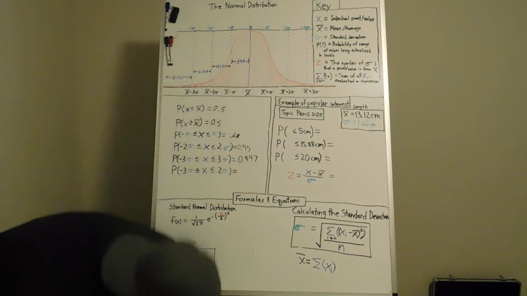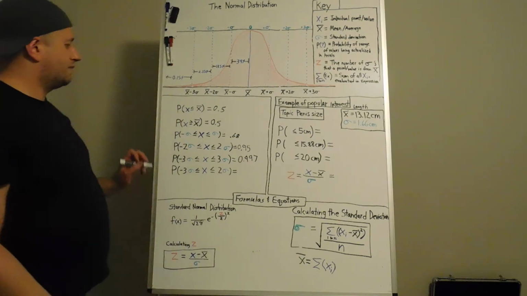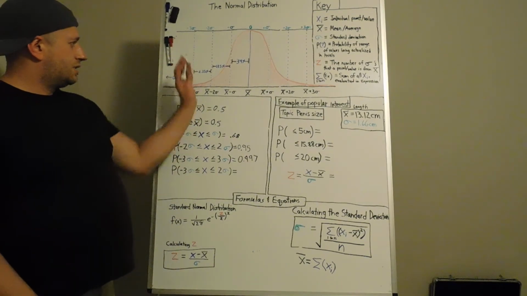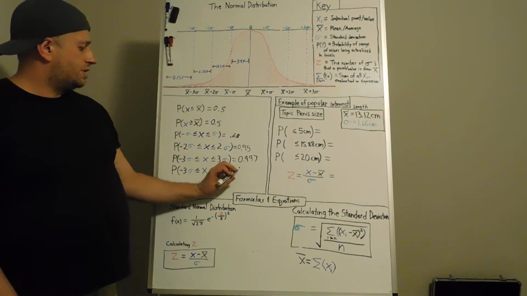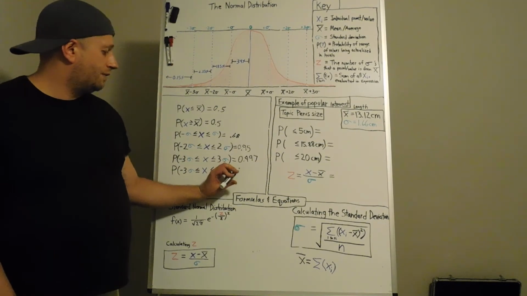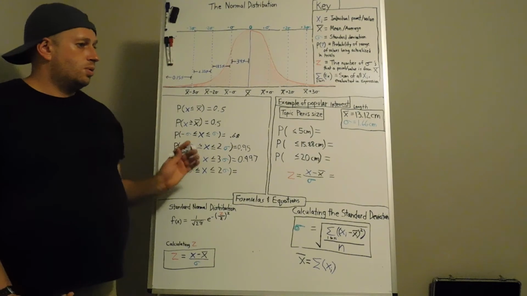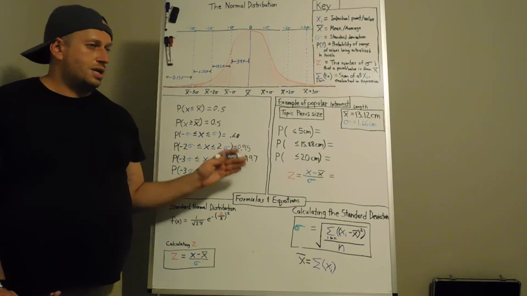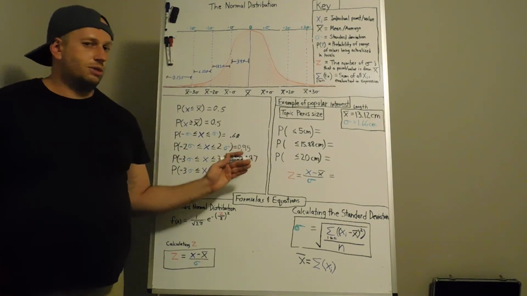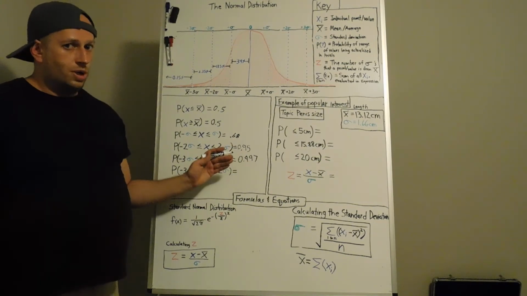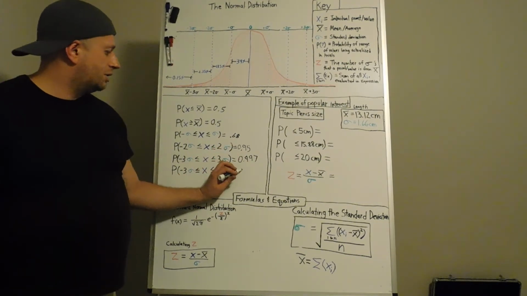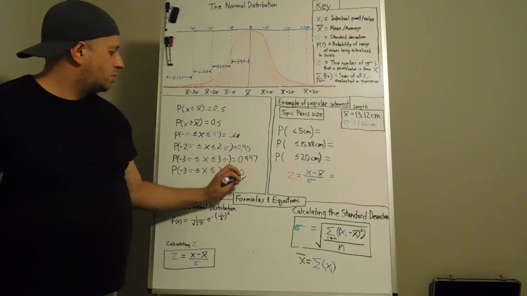If you want to know the probability of being within that range for your values, if this information is correct, which is determined experimentally already, if you want to test somebody else's hypothesis, or you just want to know based upon someone else's data what the probability is, that's going to be 0.9735.